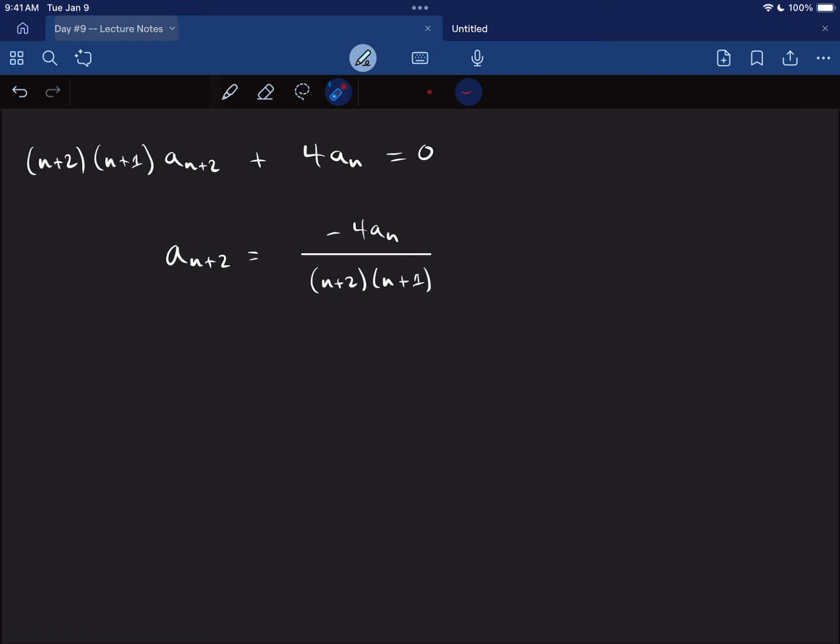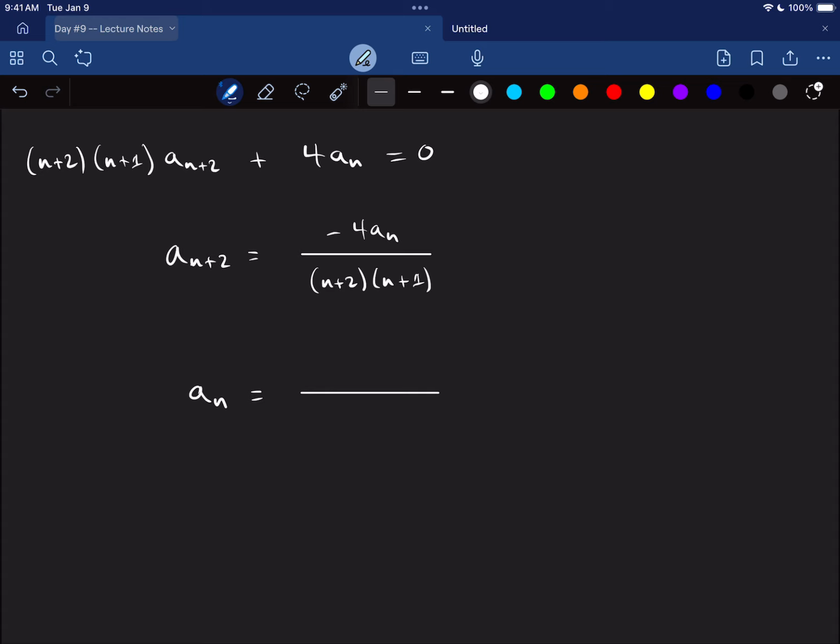One optional thing here, you don't have to do this, but I like to do it. I think it's helpful. I'm actually going to shift this. This is basically me undoing the re-indexing that I did before. And again, you don't have to, but I think that it's nice to be able to rewrite this in terms of a sub n equals something else.